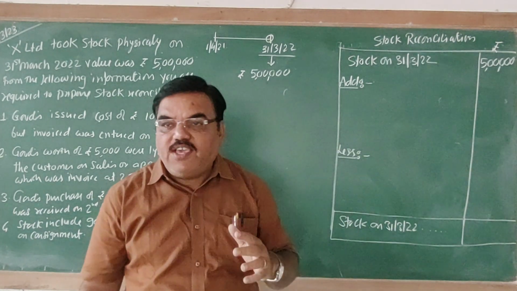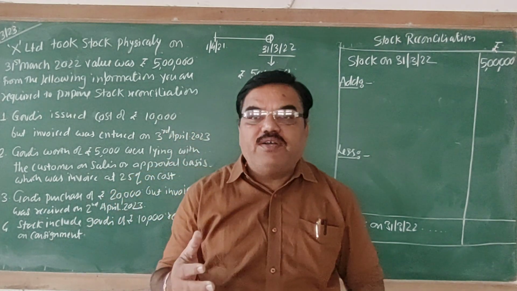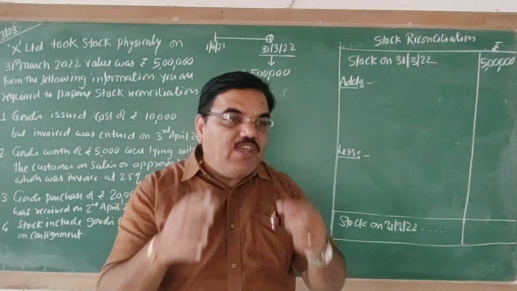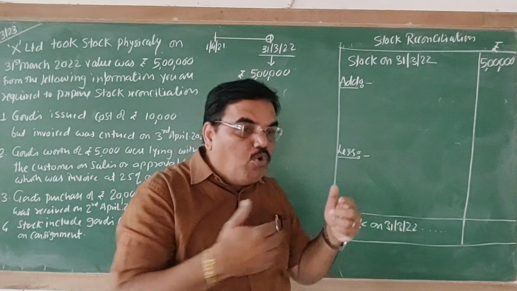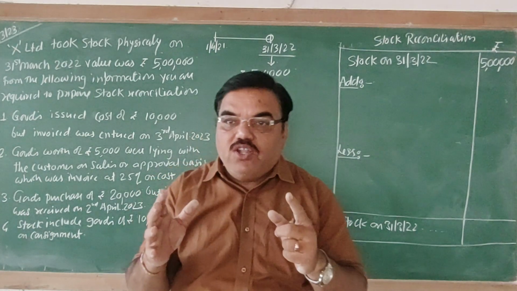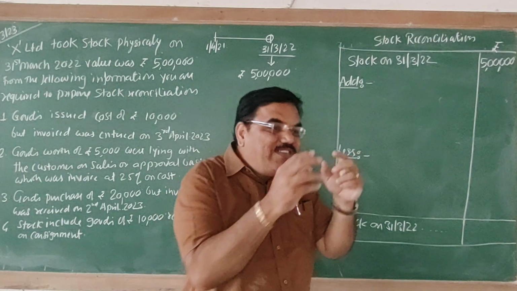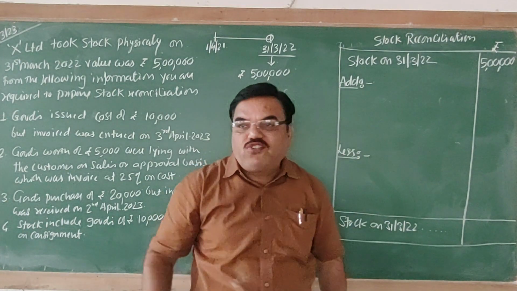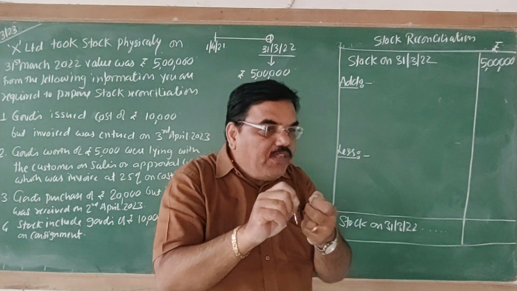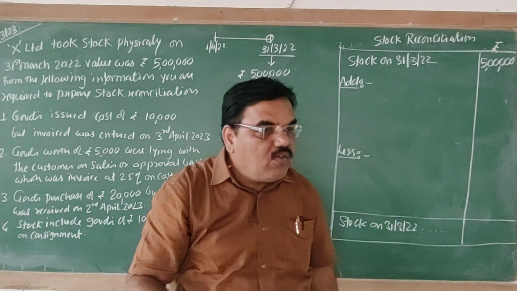Now logically, it is the company's policy when calculating stock, whether the invoice is important or the physical movement of the goods is important. For that, ownership is important. Once you sell the goods and you have prepared and entered the invoice, that means your ownership has gone.